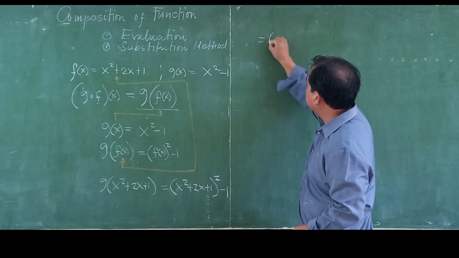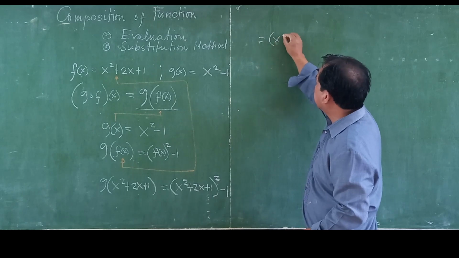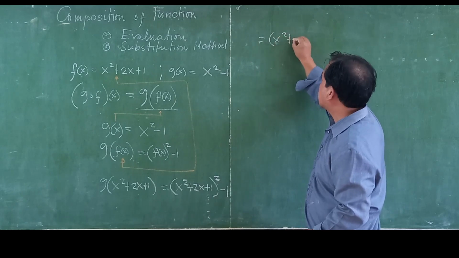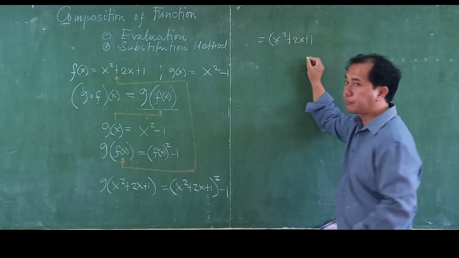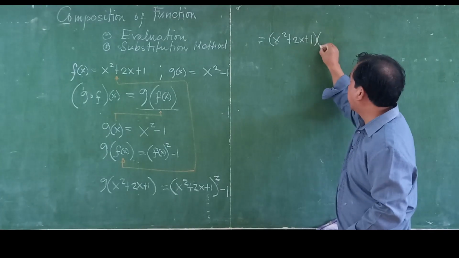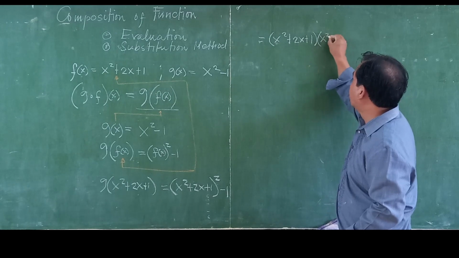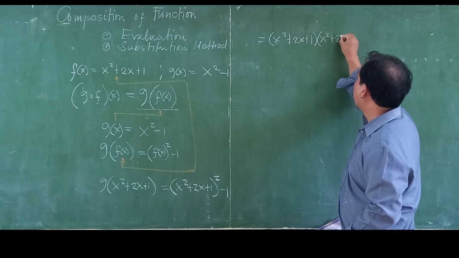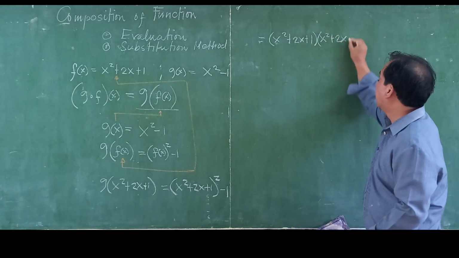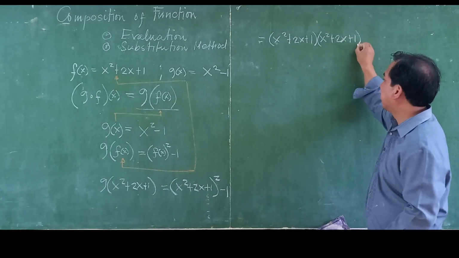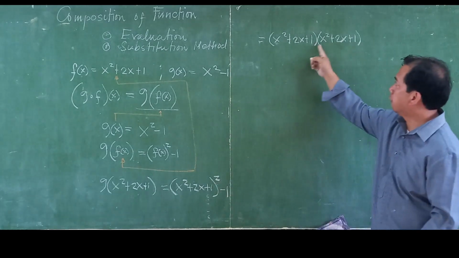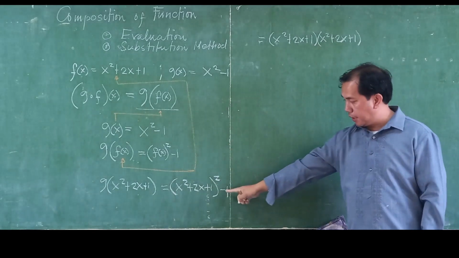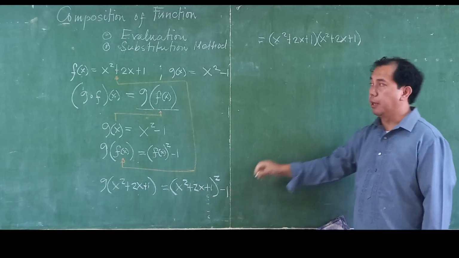That is the same as saying the quantity x raised to 2 plus 2x plus 1 multiplied by x raised to 2 plus 2x plus 1. This one. Okay? So we have in here, originally, minus 1.